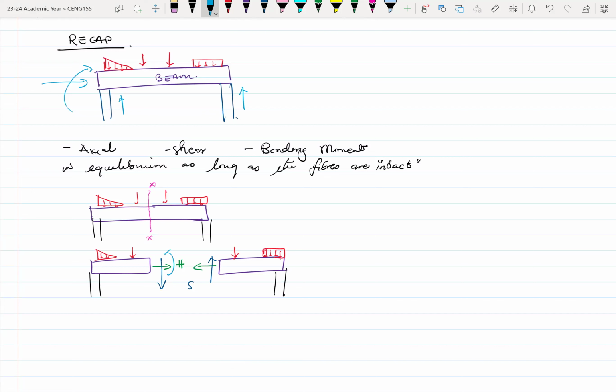Then we have the last bit, which is the bending moment. All right. So usually they will be equal and opposites. All right. So the internal forces are equal and opposites in direction.